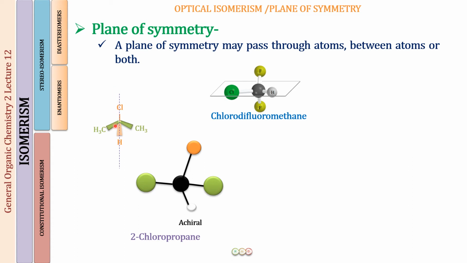And with these half atoms, these groups are going to be attached, and then these are going to be the mirror images of each other. So we have found a plane of symmetry in this molecule, and if you found a plane of symmetry, you obviously know that the molecule is going to be an achiral molecule.